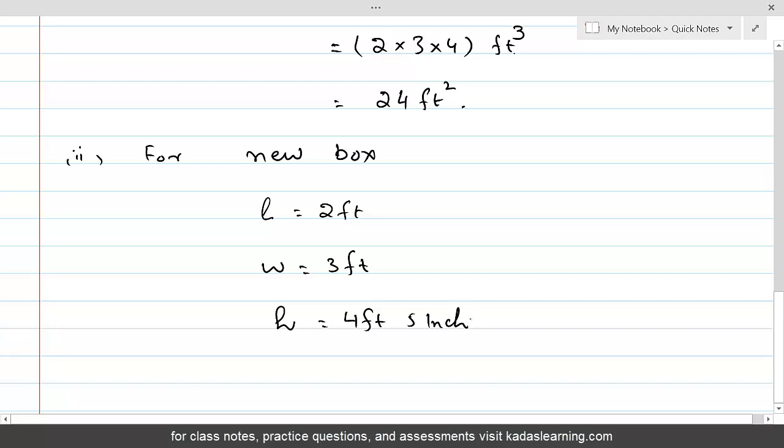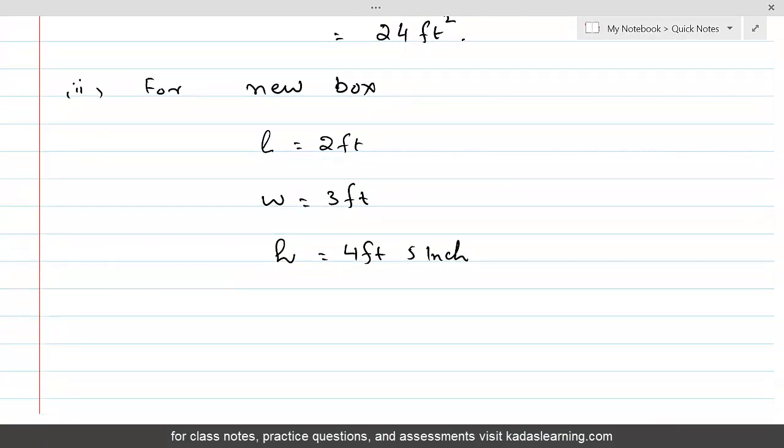Here this inch is creating a problem because it's a different unit of length. So we must convert inches into feet like I said before in the case of area. All the units must be the same. So 5 inches must be converted into feet before we can proceed to calculating the volume of this box.